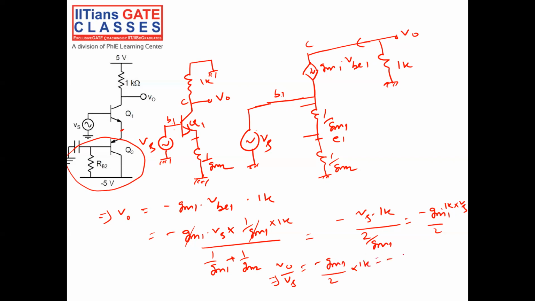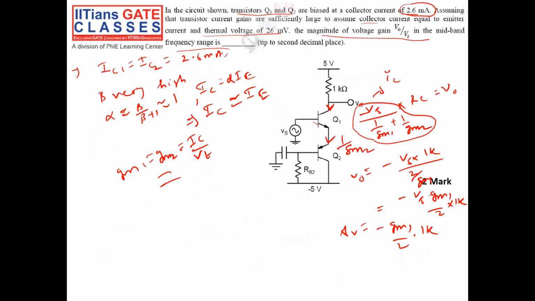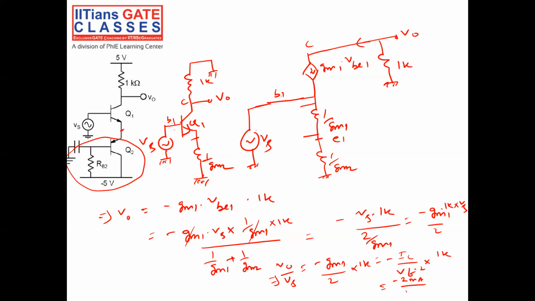What is GM1? GM1 is IC by Vt, so the gain is minus IC by Vt into 1 by 2 into 1K. What is IC? IC is 2 milliampere, divided by Vt, which is given as 26 millivolt, into 1K by 2. Do the calculation and you can get the answer.